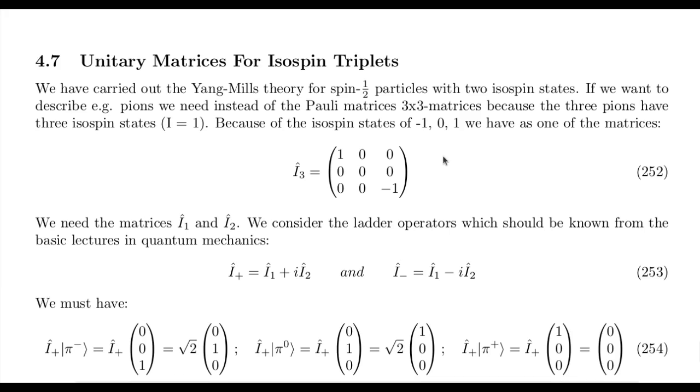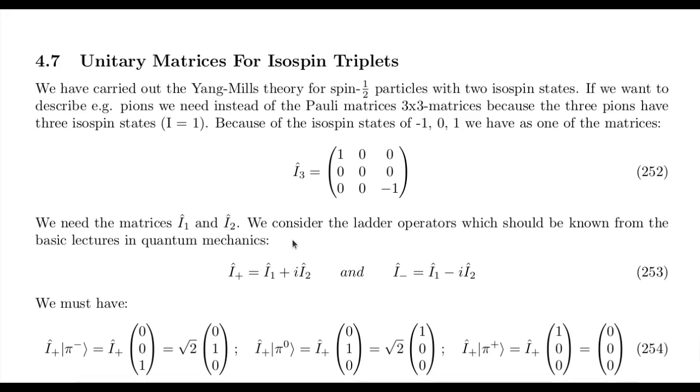Okay, what we can say is the I3 matrix must have the eigenvalues of the 3 states for the isospin. And so we can write here in the diagonal the isospin values of the 3 pi particles: 1, 0, -1. And then we must determine the operators I1 and I2.